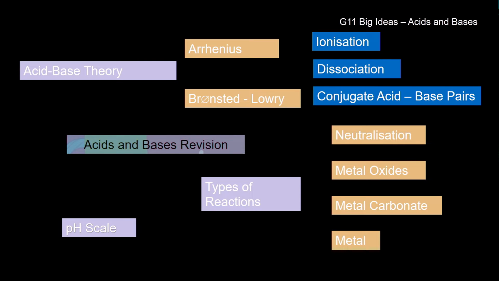Let's see where we've come from, our grade 11 work. Acid-base theory started off with Arrhenius in the 1800s, and he came up with his own theory. We're going to have a look at it in a moment.